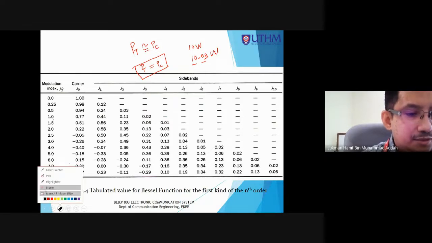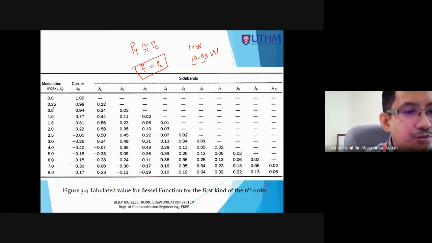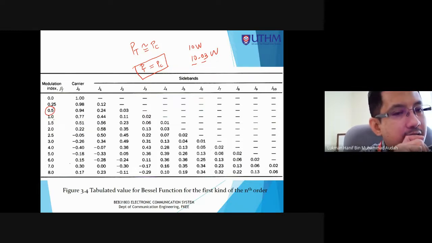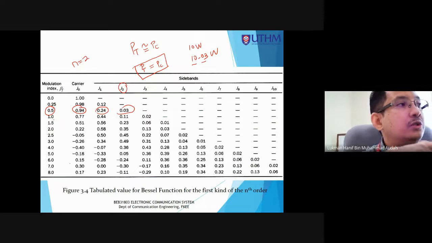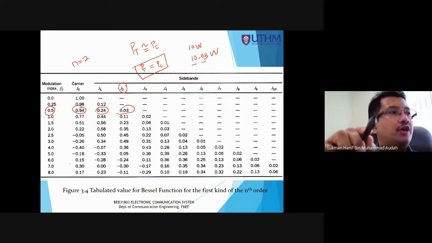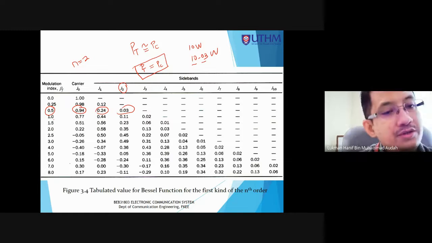If beta equals 0.5, that means we're going to get three components: the carrier component, the first sideband, and the second sideband. Kita akan ada 2 significant sideband, 2 pasang, n equal to 2. The relative amplitudes are 0.94, 0.24 and 0.03.